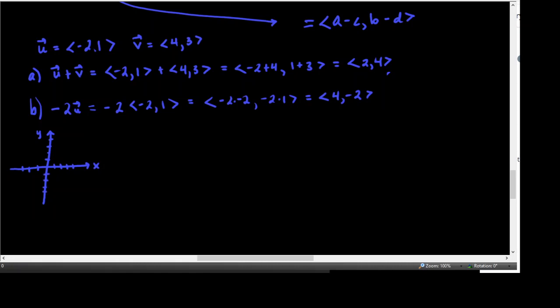So vector u, in pink, starts at 0, 0 and terminates at negative 2, 1. And vector v is 4, 3. And the resultant of u plus v is 2, 4.